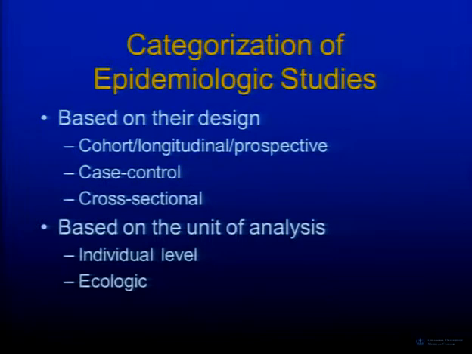You can also talk about epidemiologic studies based on the unit of analysis. Almost all of the studies we do are based on the individual level. We have a person, they have the disease or not, we ask them about their diet. But sometimes we're talking about more of a group level, and that is going to be ecologic studies. We're going to go through this in a little more detail now.